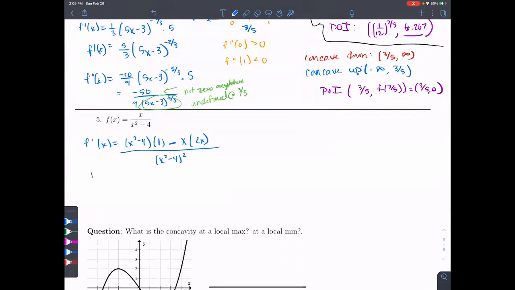Ugh, I have to take another derivative of this mess. That's x squared minus 4 minus 2x squared on the top. So simplifying, that gives me negative x squared minus 4 on the top and x squared minus 4 on the bottom squared.